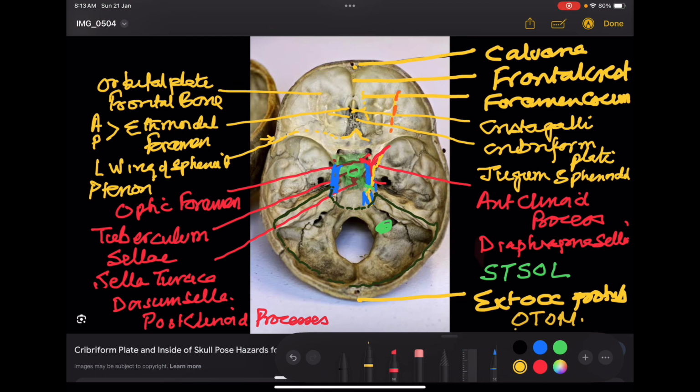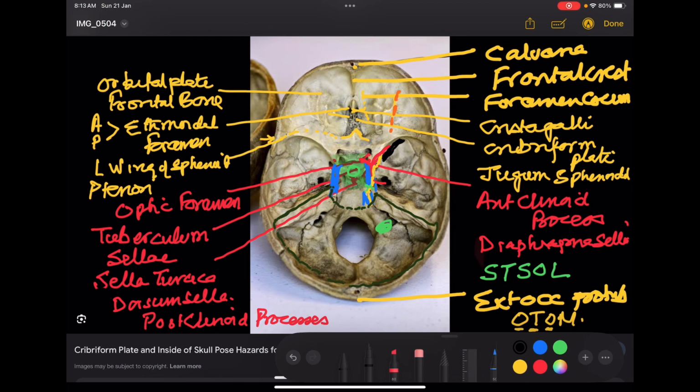The oculomotor, trochlear, and ophthalmic, which is fifth A, enter through the superior orbital fissure, lying just underneath the lesser wing of sphenoid. So the anterior clinoid process actually divides the optic foramen and the superior orbital fissure.